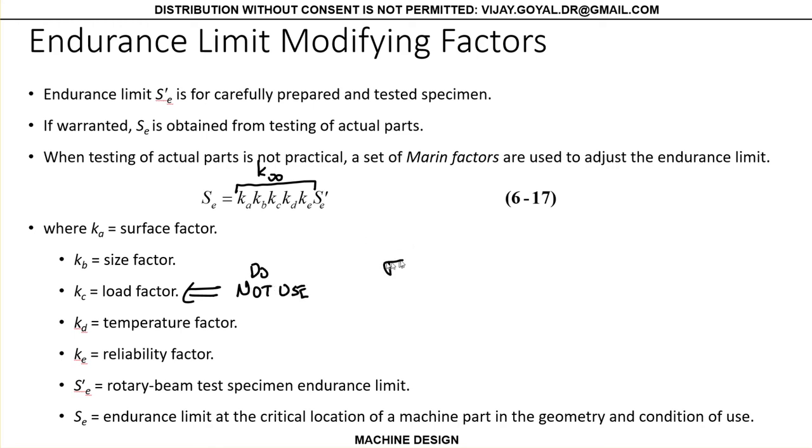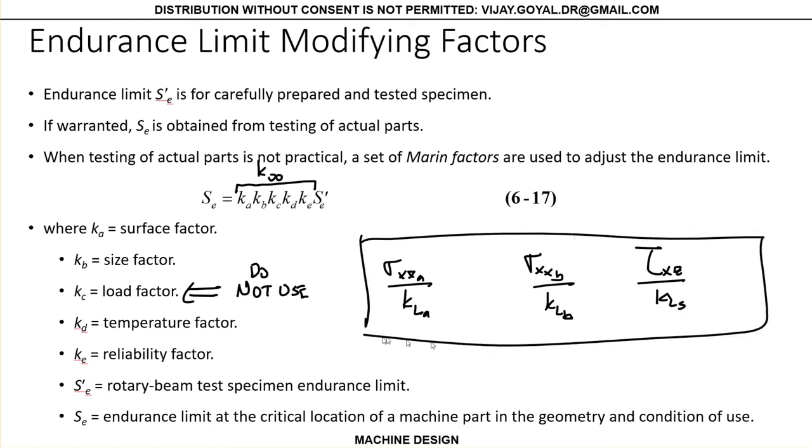If you remember from the last lecture, your sigma A was divided by K_LA, your sigma B was divided by K_LB, and your tau XZ was divided by K_LS, all these only for alternate stresses.